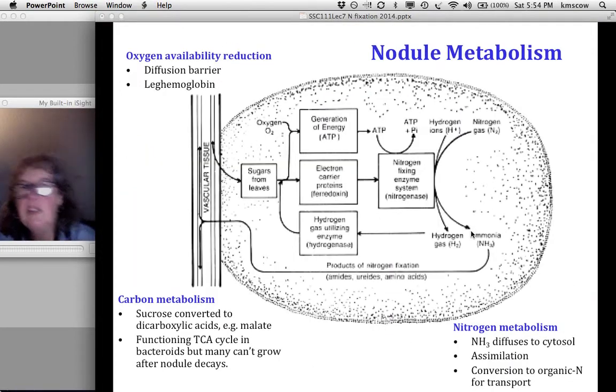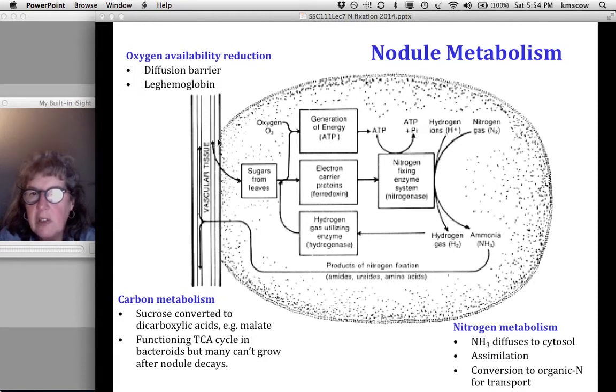Okay, so when that nodule is formed, there's all different kinds of stuff going on inside it in this metabolism that includes carbon going to the organisms inside these nodules, these rhizobia that are now bacteroids that are going to fix nitrogen, and the nitrogen that they fix going back to the plant. So let's first talk about the carbon metabolism.